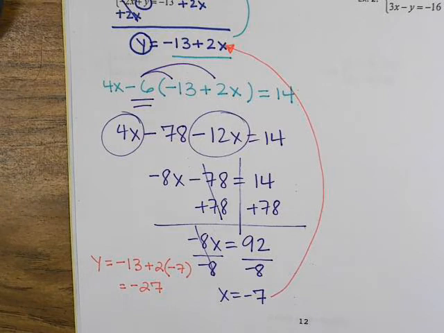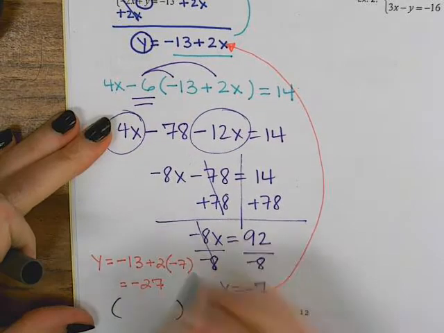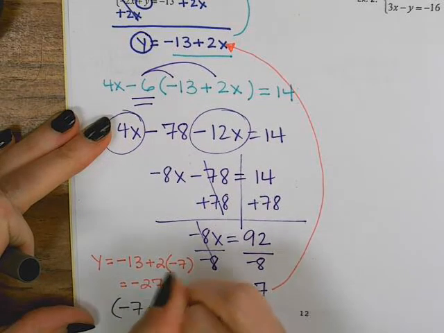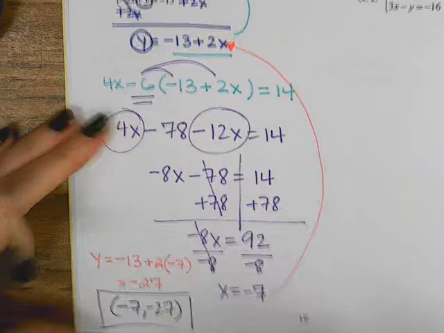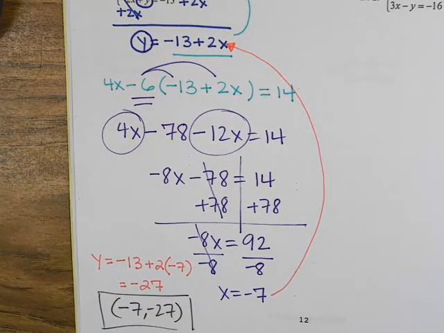Okay, so we got x and we got y. So our final answer is the ordered pair, negative 7 comma negative 27. All right, when you're ready, let's do one more.